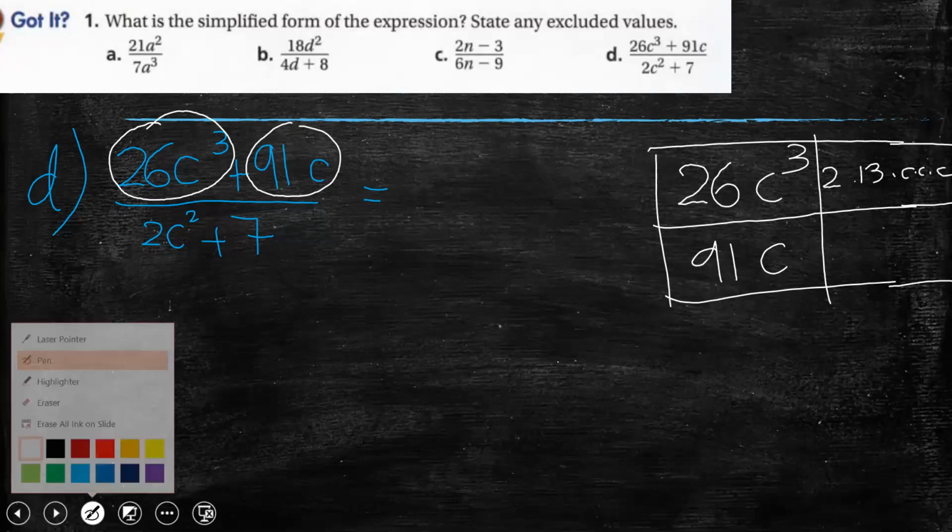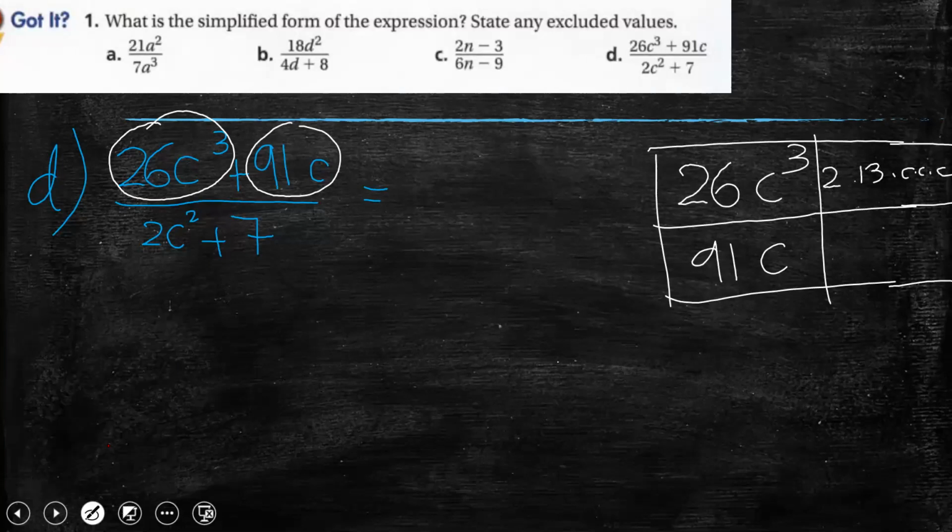Now look at 91. What are the factors of 91? 7 and 13, bravo. And c. So what is the common factor here? 13 and c, bravo. So in the numerator, I have to write 13c and open the brackets.